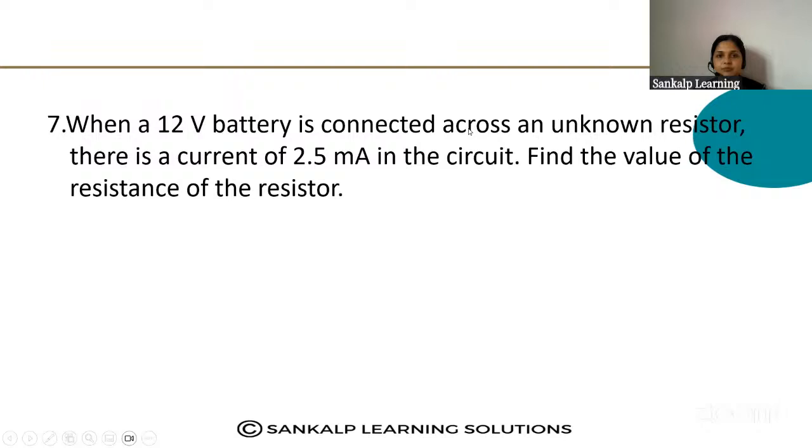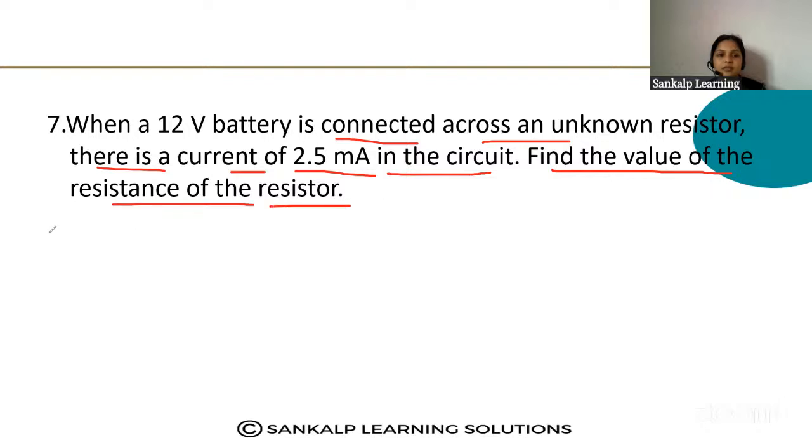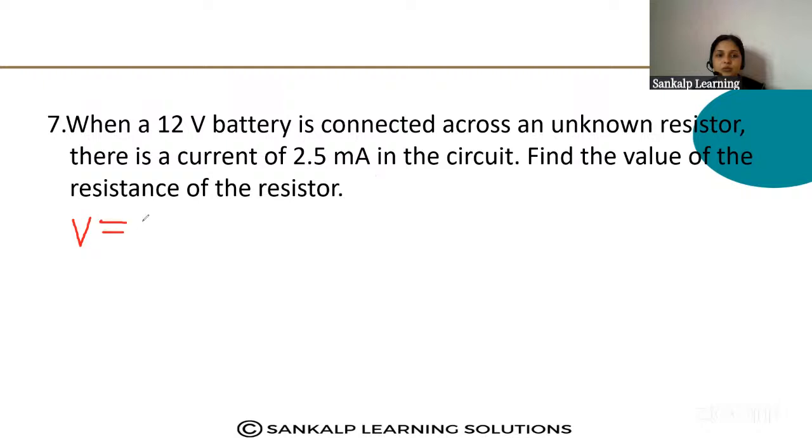Next question. When a 12 volt battery is connected across an unknown resistor, there is a current of 2.5 milliampere in the circuit. Find the value of the resistance of the resistor. So here V is given, V is equal to 12 volt.